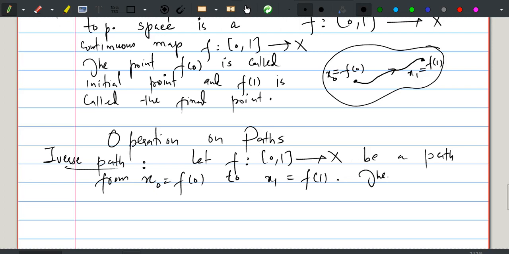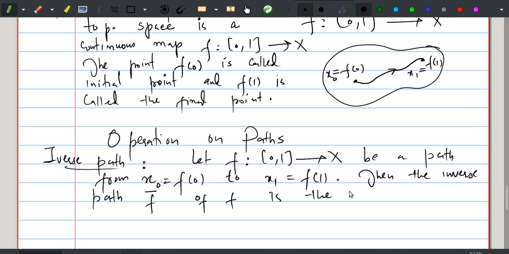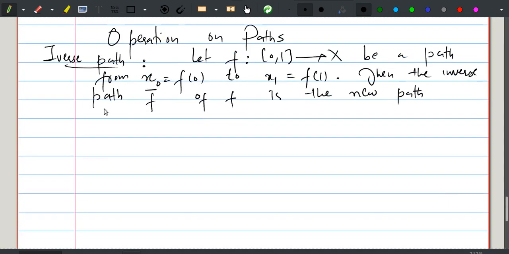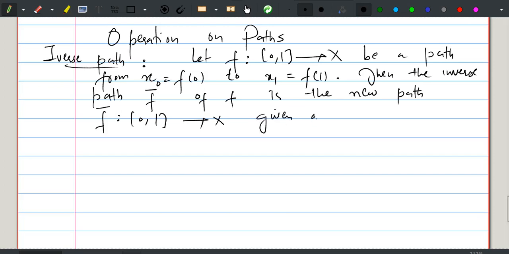Then the inverse path, which we denote by f bar, is a new path in the same space X, that is, f bar is from the unit interval [0,1] to X, such that f bar of s is f of 1 minus s.